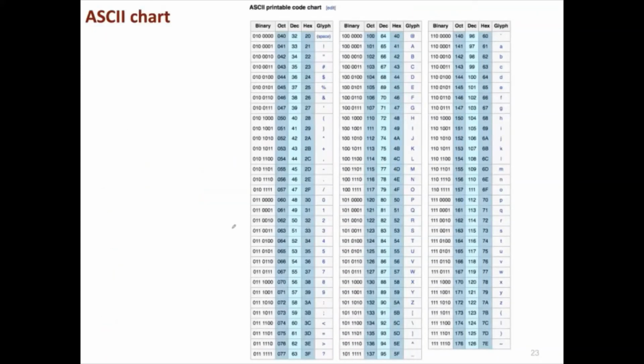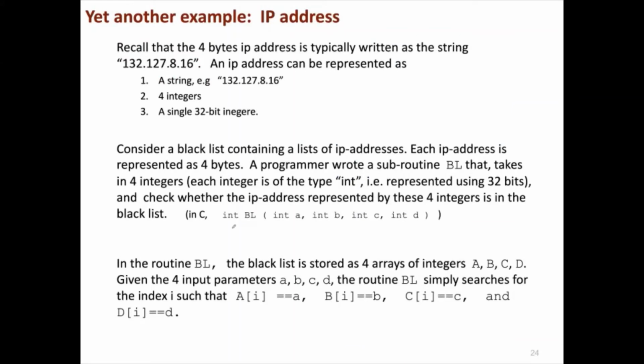Now suppose that a program maintains a blacklist of IP addresses, and an IP address is represented as 4 bytes. This programmer wrote a subroutine BL blacklist that takes 4 inputs.